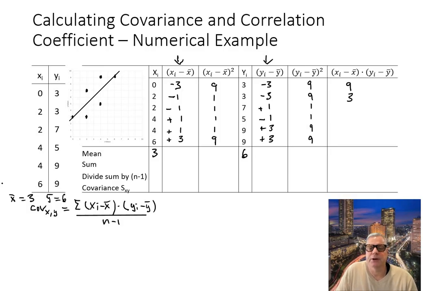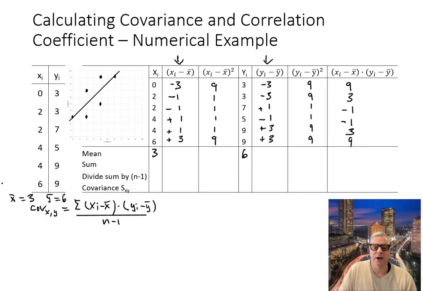So next one, negative 1 times positive 1, so that's negative 1. Positive 1 times negative 1, negative 1. 1 times 3, positive 3. 3 times 3, that's 9.